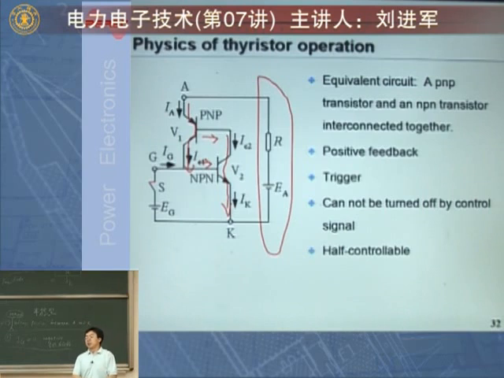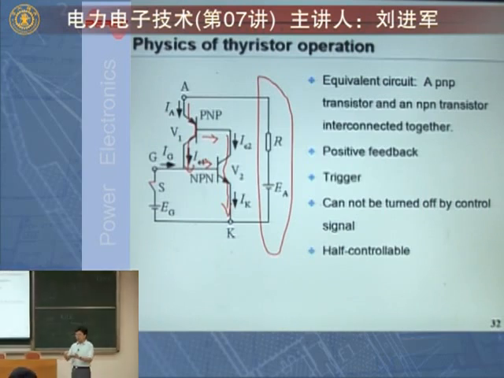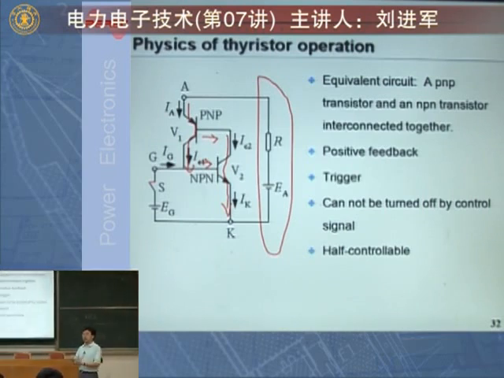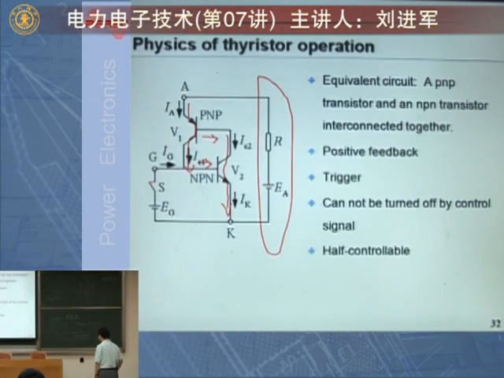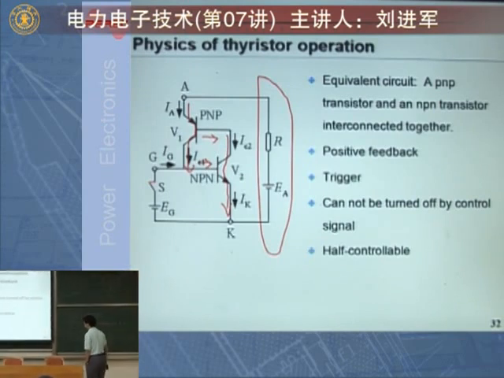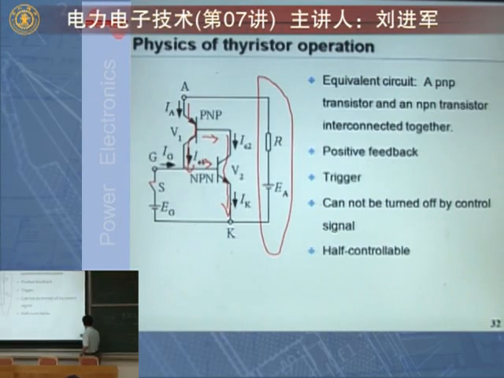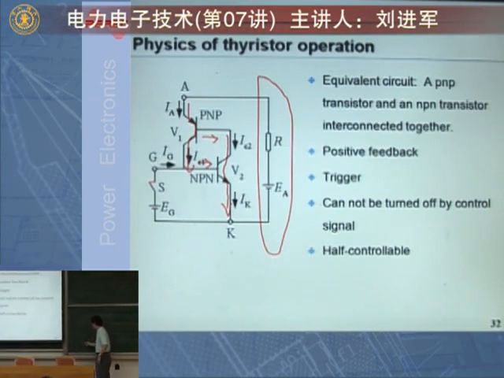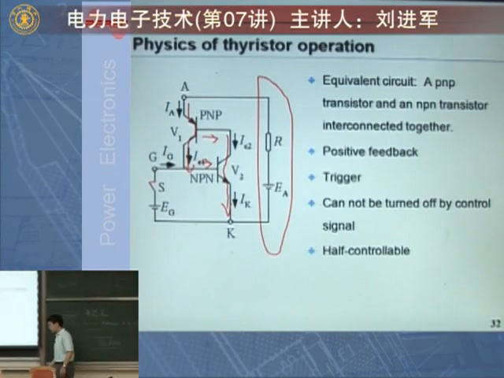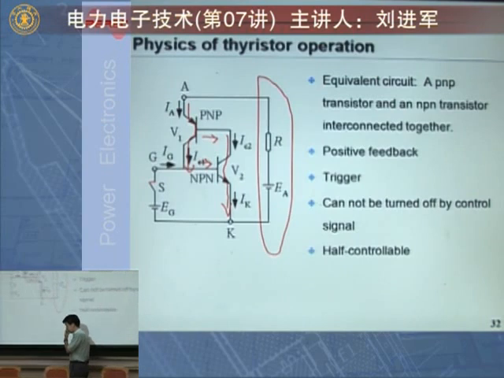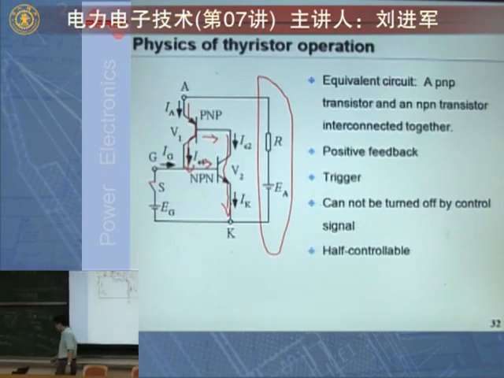Gate turn off means that through the gate, we can turn it on, and we can also turn it off. So the gate turn off thyristor is a fully controlled device. That's what we are going to discuss later, but forget about this right now. For a thyristor, it can be turned on through the gate, but cannot be turned off through the gate.